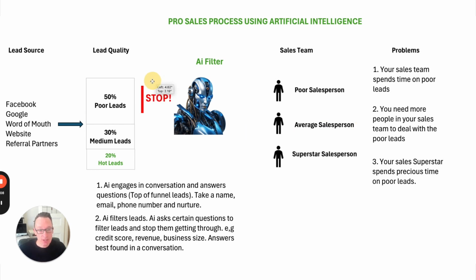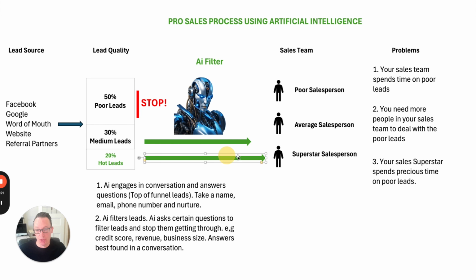So through this conversation, we stop these bad leads getting through to your sales teams. And then what we do is we only let the medium leads or just the hot leads go through to your sales team. Now, the effect on your sales team of this filtering is really quite huge.